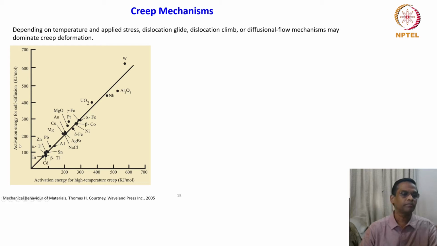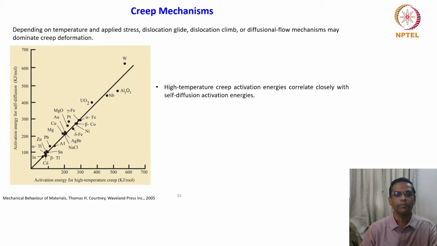So what is the plot shown here? It is the activation energy for self-diffusion, which is kilojoule per mole, and activation energy for the high temperature creep, which is kilojoule per mole. So the high temperature activation energy correlates closely with self-diffusion activation energy.